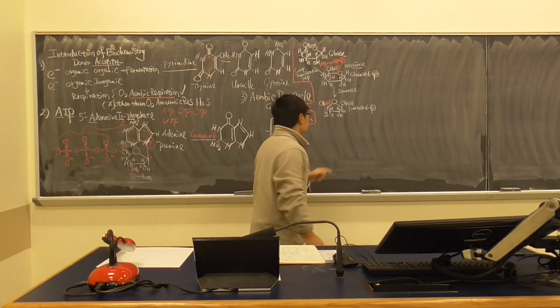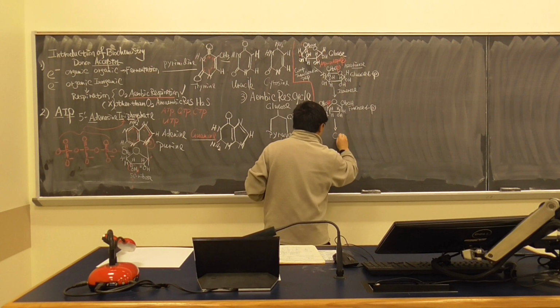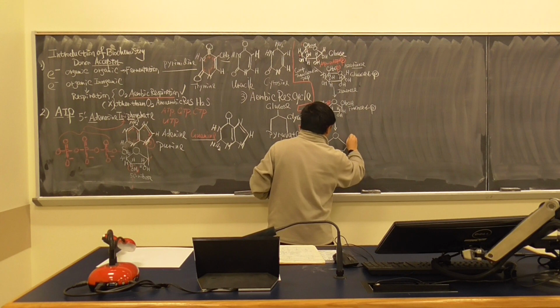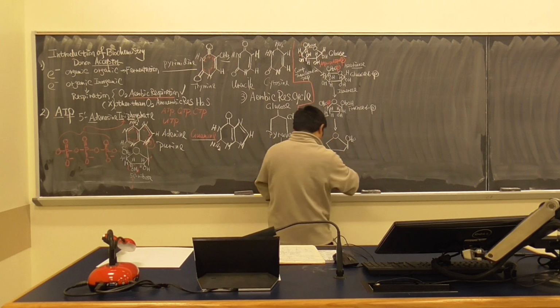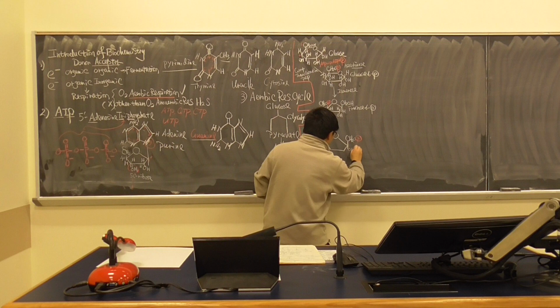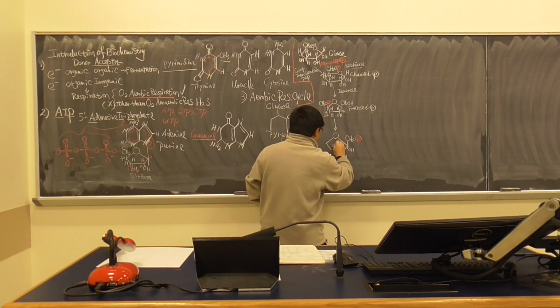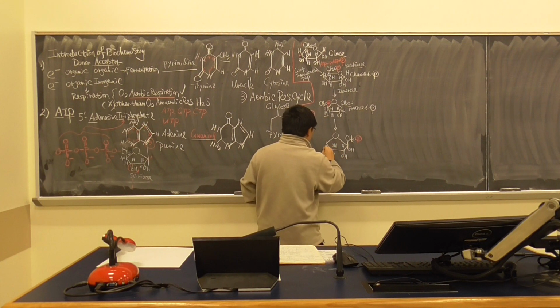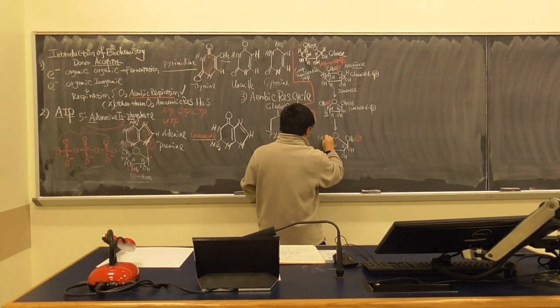Okay, fructose 6-phosphate goes down and will become fructose 1,6-biphosphate. So we're going to do here CHO phosphate, and then go here, you have OH, H, OH, OH, H, goes H, and here you have CH2O phosphate.